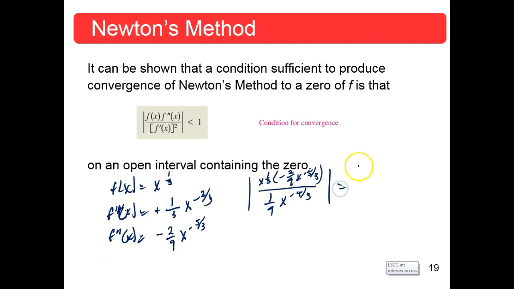The numerator is going to be a minus 2/9 x to the minus 2/3. And the denominator is going to be a 1/9 x to the minus 4/3. Okay?